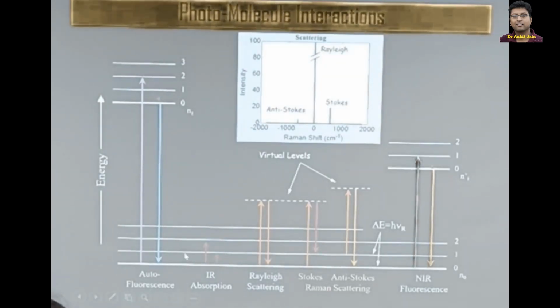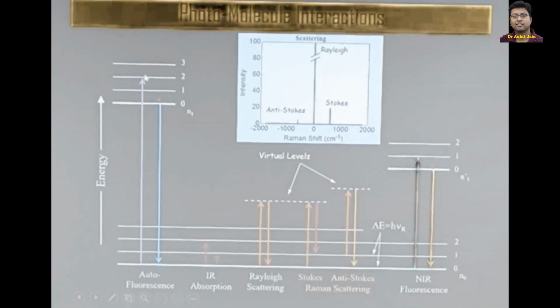If you see the energy diagrams for any molecule, you can also see fluorescence and absorption. In fluorescence, the molecule goes from lower energy levels to higher energy levels, crosses this barrier, relaxes, and then falls down from its lower excited state to the lowest energy state here.